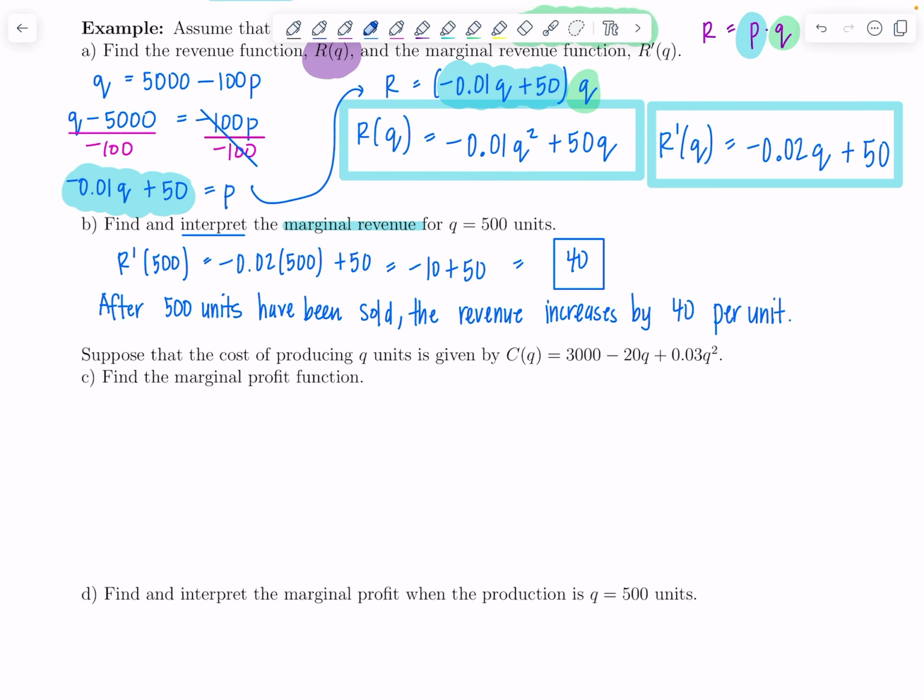Okay, so going from 40 to 41 units in production increases our revenue by 40. Probably dollars. I don't think your class is going to use a different money system, but okay.